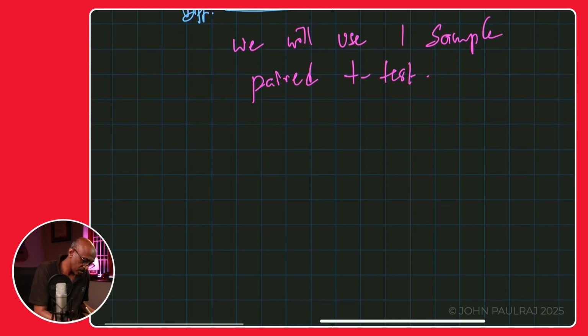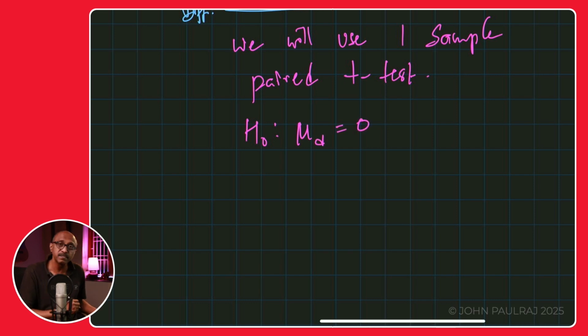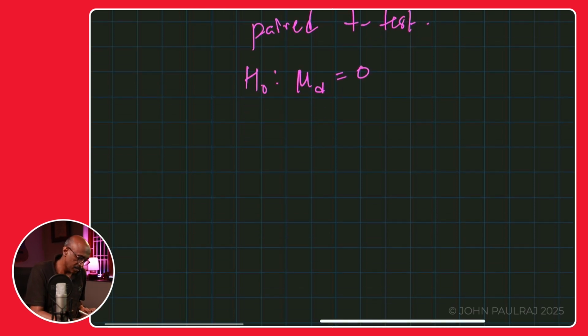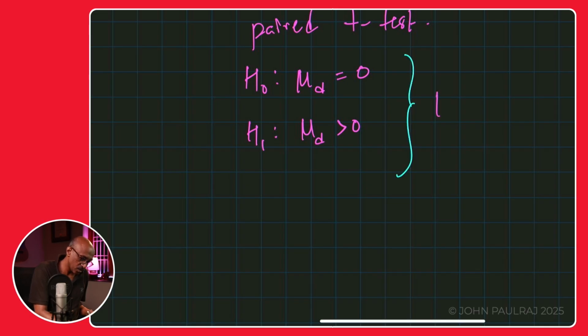You can write down the null hypothesis as mu d equal to 0, mu of the differences is equal to 0. Okay, and you can say the alternative hypothesis is that mu d is greater than 0. And then maybe you can also write down that mu d is basically the mu after minus the mu before.